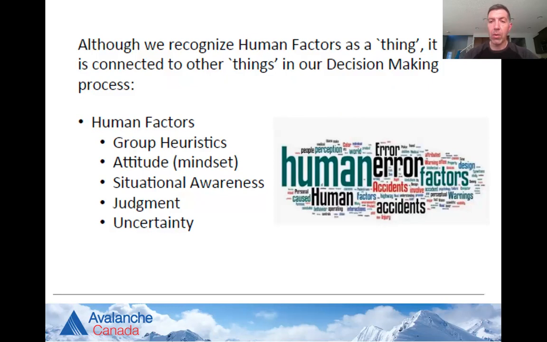A lot of this research on heuristic traps came from a paper written by a chap called Ian McCammon in 2004. It's called Heuristic Traps in Recreational Avalanche Accidents. It's only about 10 pages, and I definitely recommend that you Google it after this presentation and have a little look. The paper recognizes some of the heuristic traps that people more commonly fall into.